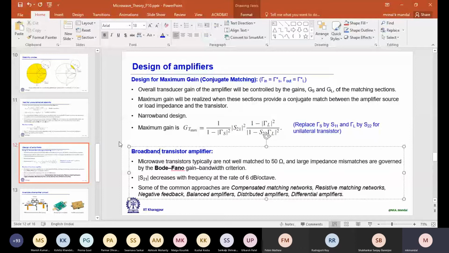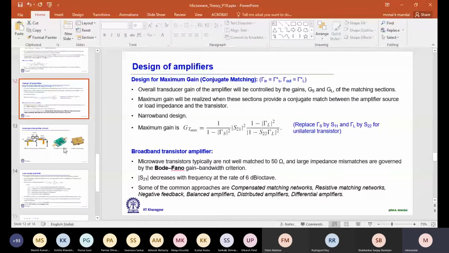Then distributed amplifiers and differential amplifiers. Distributed amplifiers, instead of using one amplifier, we use multiple of them in a cascade configuration. That is again out of scope. So these are different techniques for broadband transistor amplifier design.